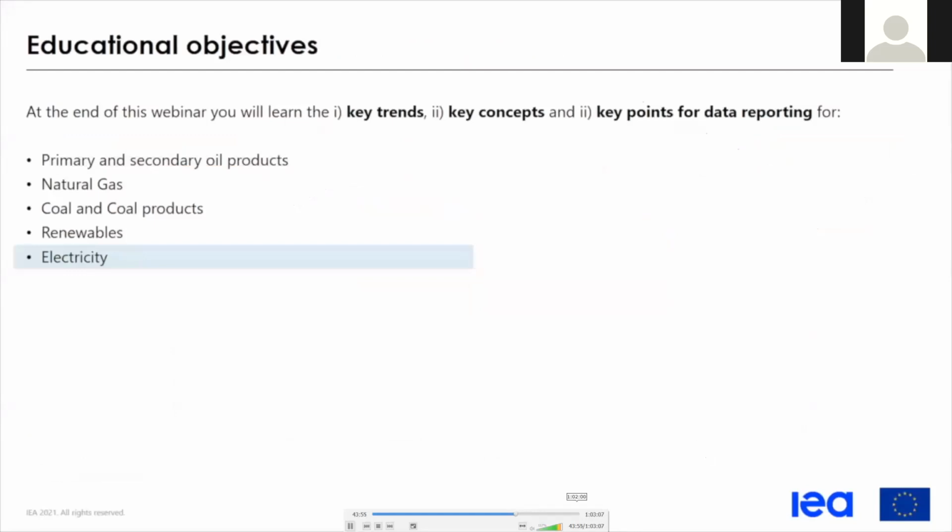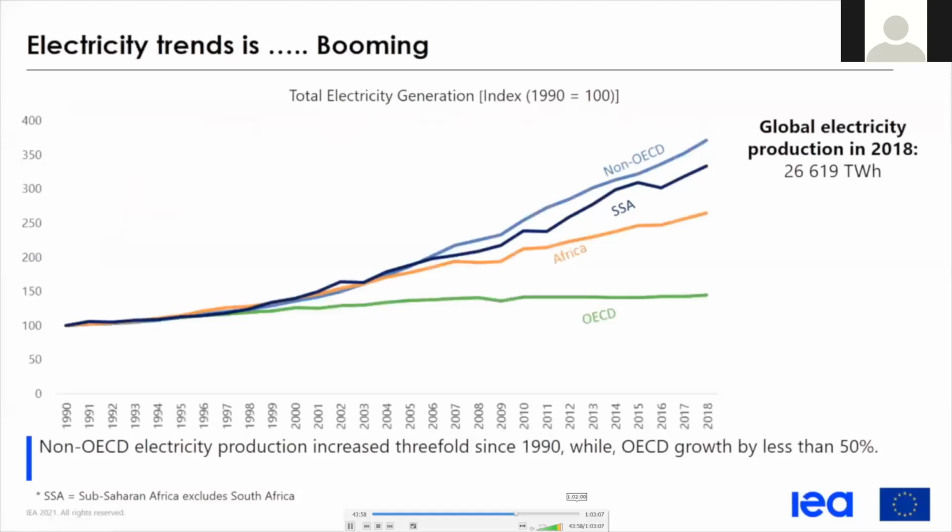Now we will see about the electricity statistics. First of all, let's see some electricity trends. Electricity demand, and of course then production, has grown a lot in the last 20 years, mostly due to the increased level of incomes in various regions such as Africa and Sub-Saharan Africa.